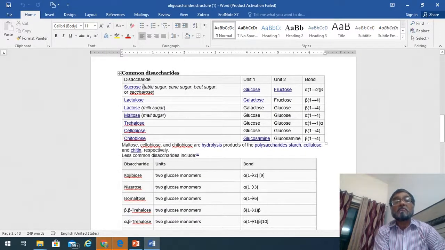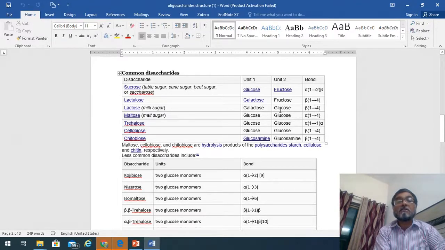So you can see sucrose, we have discussed about it. Lactulose is composed of one galactose and one fructose unit, and you are well aware how to write the structures of galactose and fructose, and it has the beta type of link, beta 1,4 type of link. It means the galactose first carbon and the fructose fourth carbon are linked together. Then we talked about the lactose that is composed of galactose and glucose.